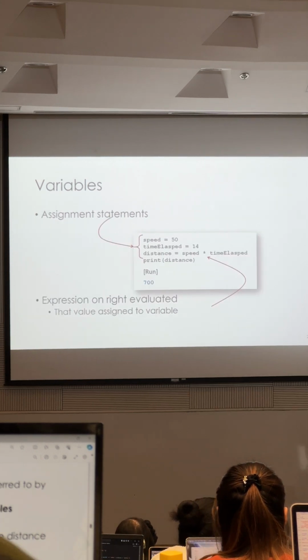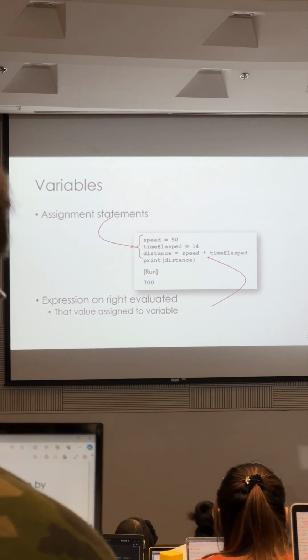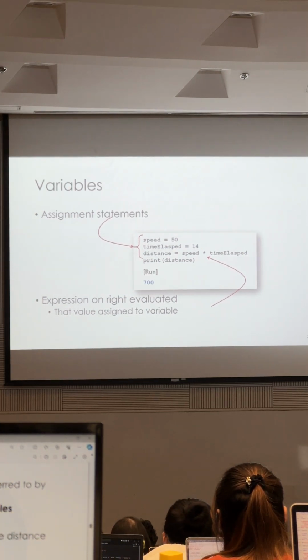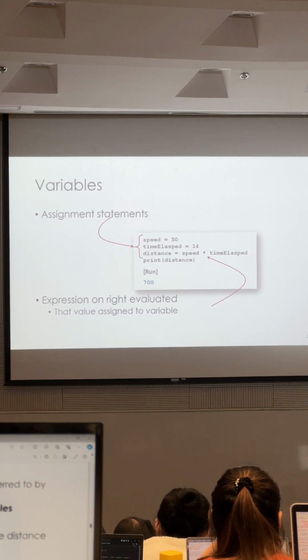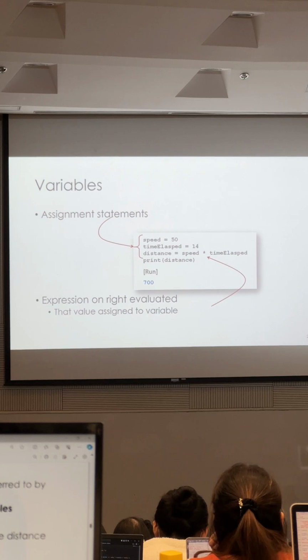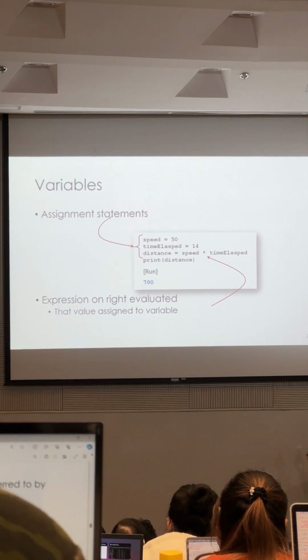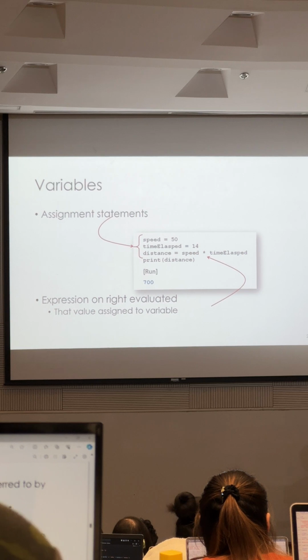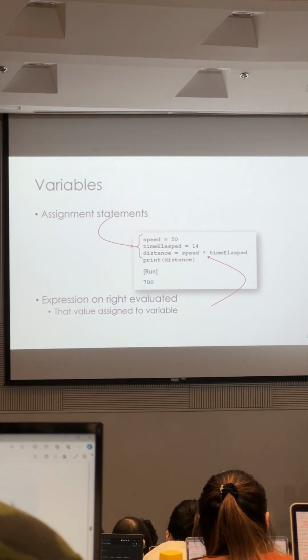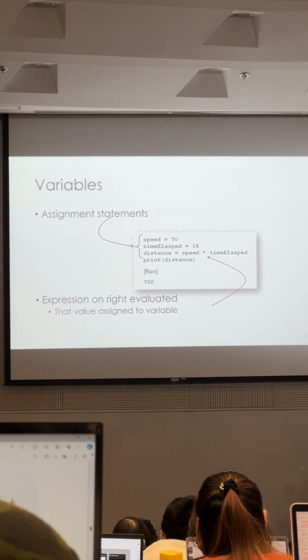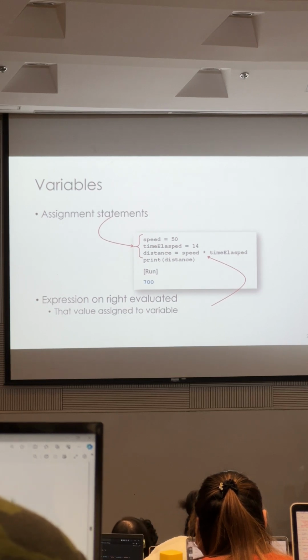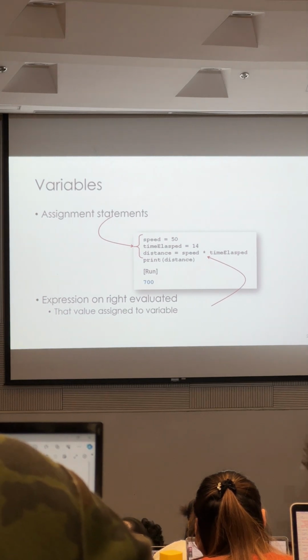So those three statements are assignment statements. It just assigns the value on the right side to the variable on the left-hand side. So 50 is the value assigned to the variable speed, similarly 40 is assigned to time, and the value of speed times time is assigned to distance. So that's the idea of variables and how to assign values to them.